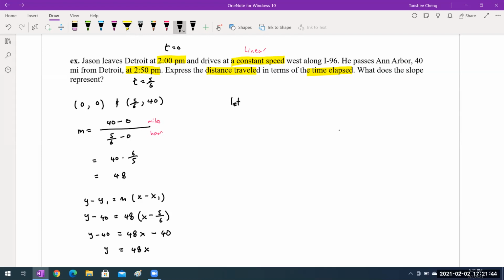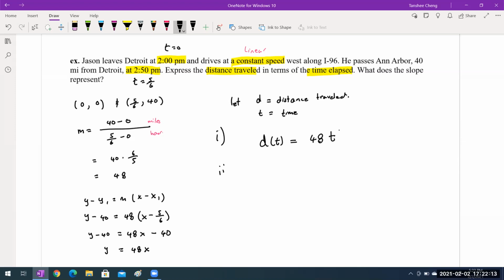Let d be equal to distance traveled, and t be equal to the time elapsed. Therefore, my equation in this case becomes d of t in terms of functions, which is equal to 48t. Since this is linear, this is the first part of the question answered.